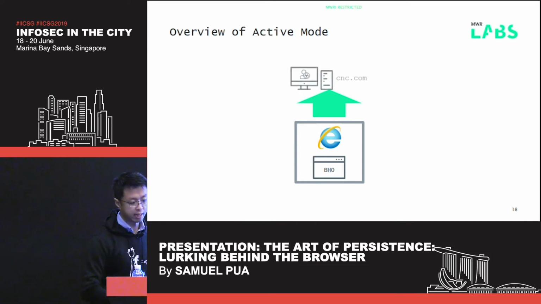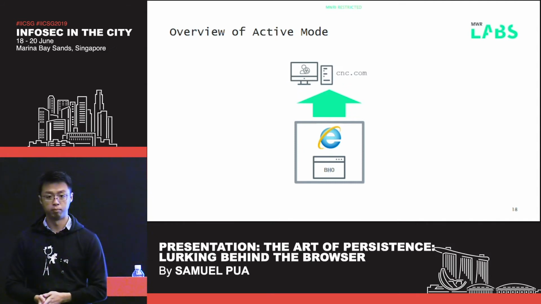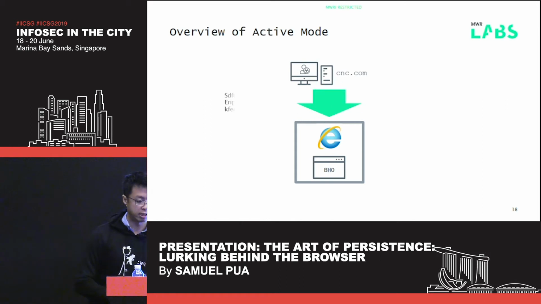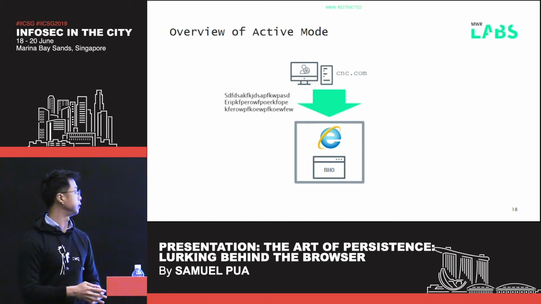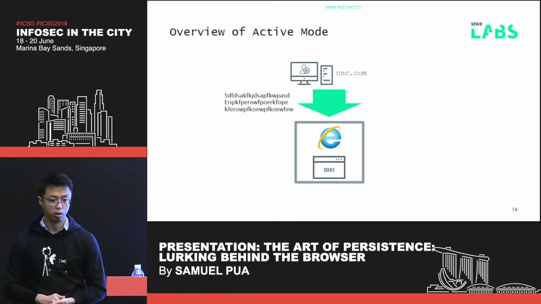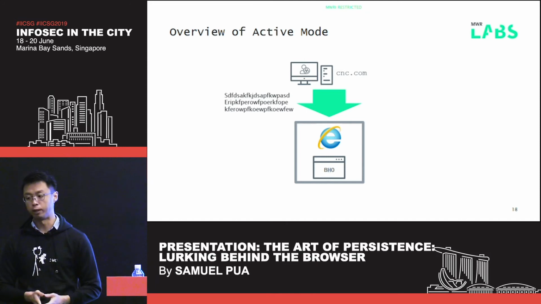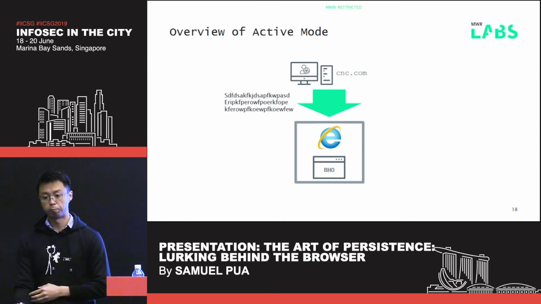So next time, it could be communicating to cnc.com, and cnc.com happens to be our C2 infrastructure. The cnc.com will come back with encrypted instructions. We have employed end-to-end encryption in this case because today many corporations are employing SSL proxies.